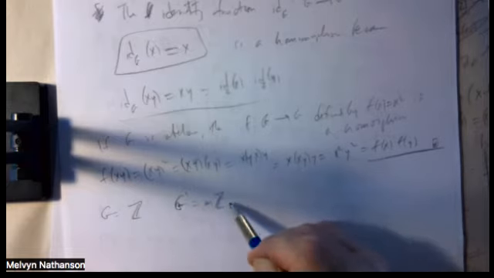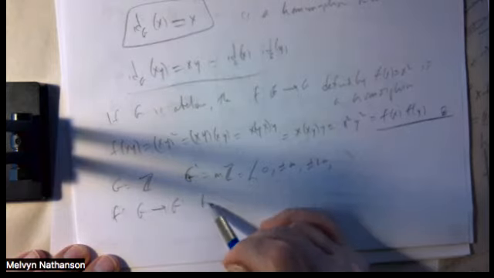What's another example? Suppose I take G to be the integers under addition and G prime to be MZ, that is the set of all multiples of m. Define the function f from G to G prime by f of x equals mx.